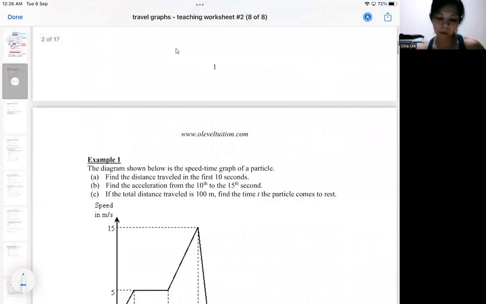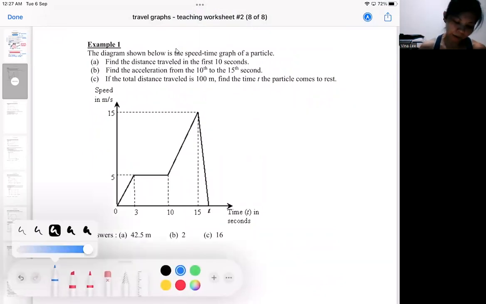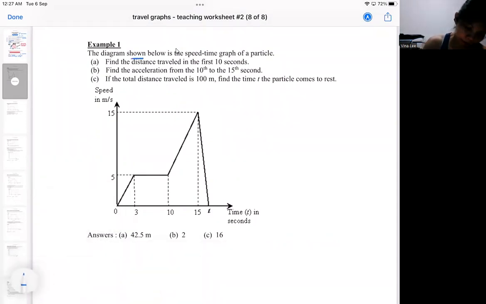So in example 1, they will be showing two features. Example 1 is the speed time graph. If I would like to find the distance traveled in the first 10 seconds, that means it is the area that I'm interested in. So the area that is here. This is a trapezium.